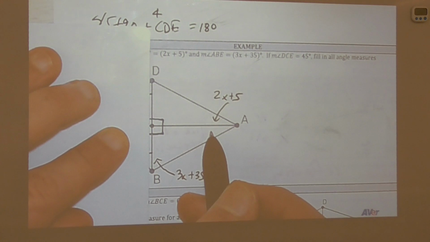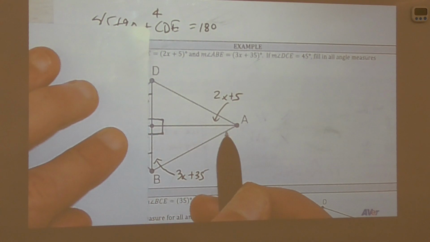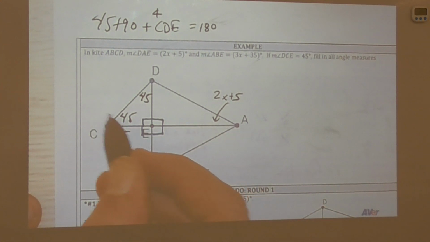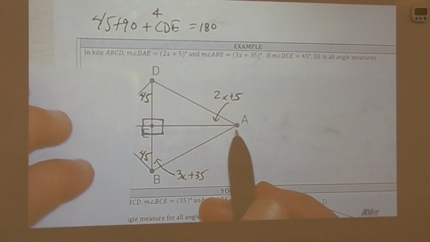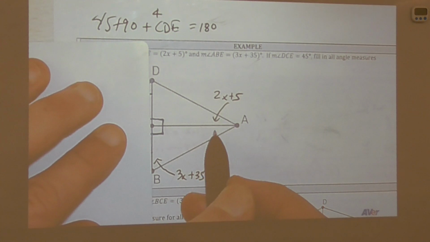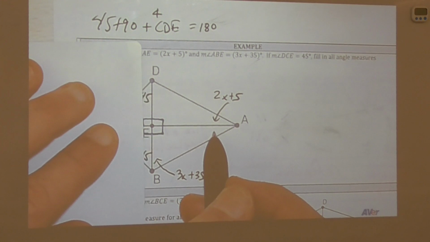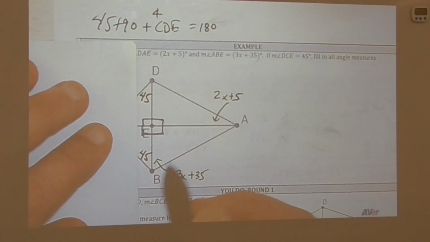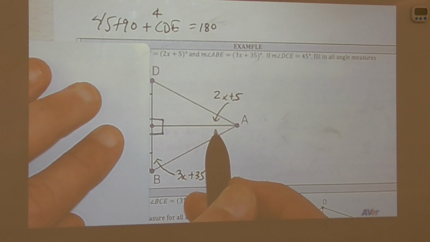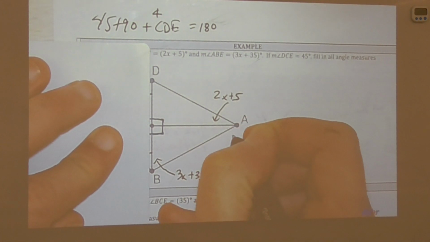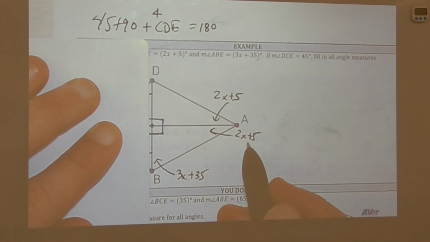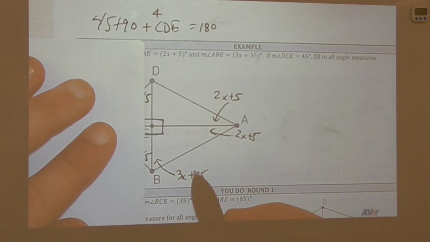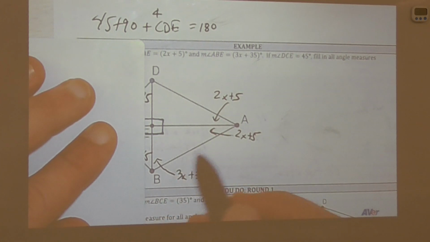But we said that this diagonal bisects angle C, also bisects angle A. That means that the expression for this smaller angle, EAB, is the same as this one, because these angles are congruent to each other. So that means I can also call this one 2x plus 5. That means that I now have three angles and I can add them equal to 180.